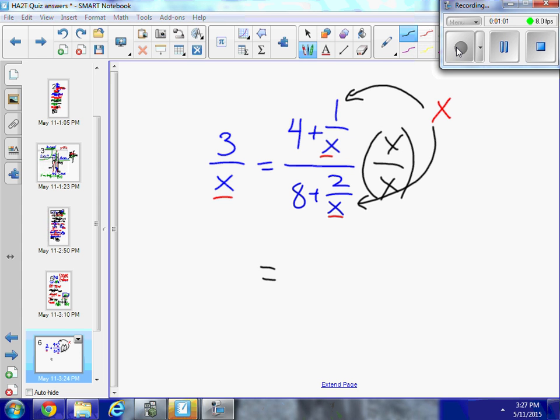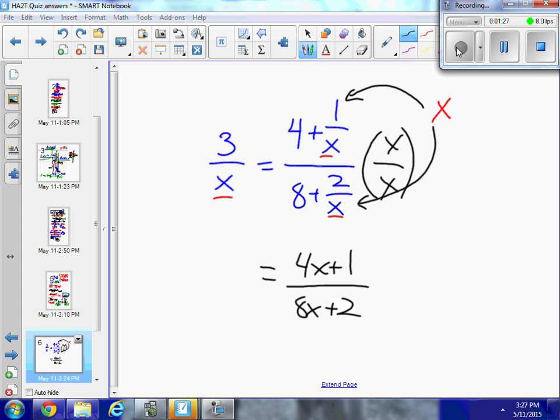So that would be equal to 4x plus 1 divided by 8x plus 2. Be careful that you understand the distribution there. Walk yourself through it. Make sure you understand that carefully.